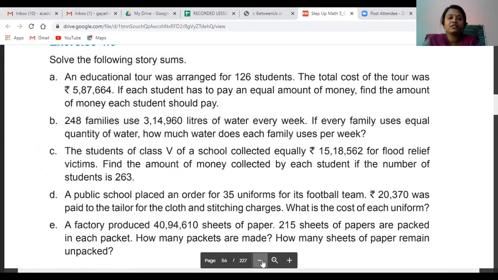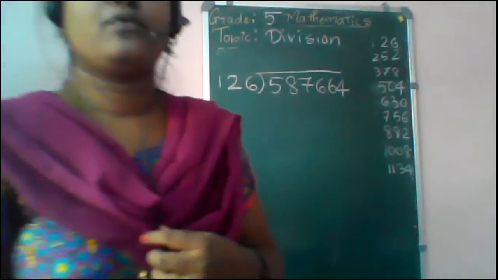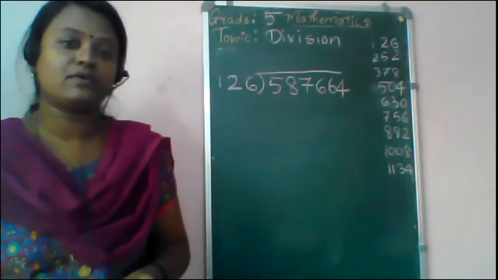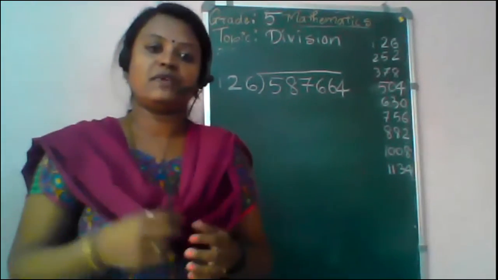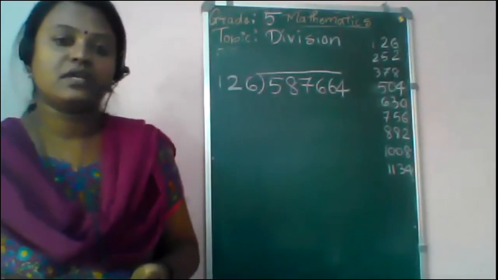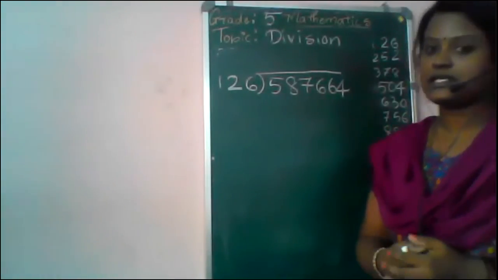If each student has to pay an equal amount of money, find the amount of money that each student pays. So, in this example, it's clearly mentioned that the total amount spent on the tour is 5,87,664, and the number of students we have is 126. So now let us divide and find how much the cost is for each person.